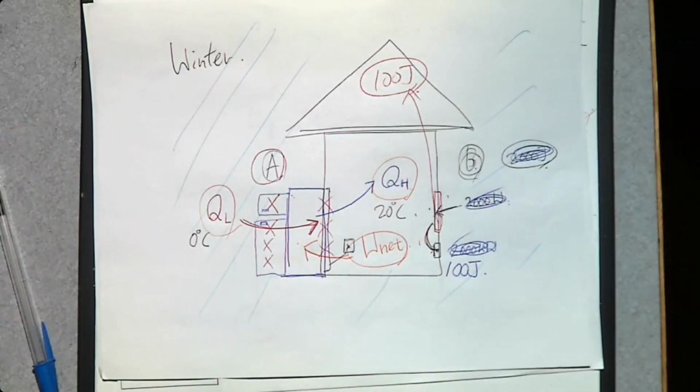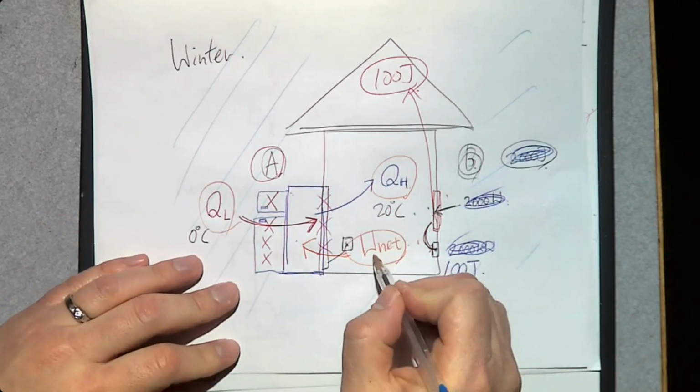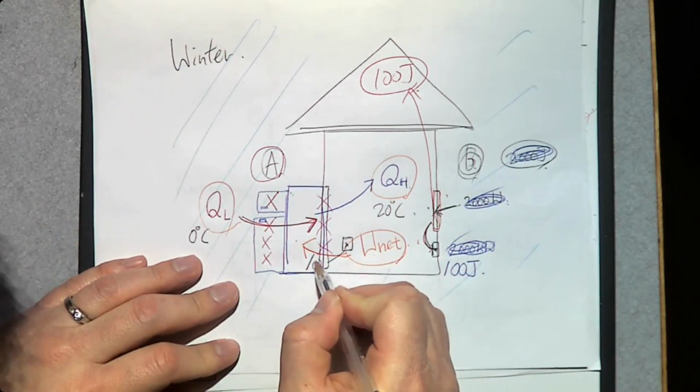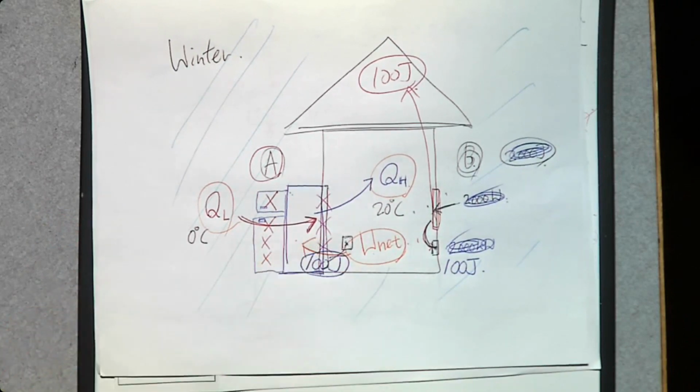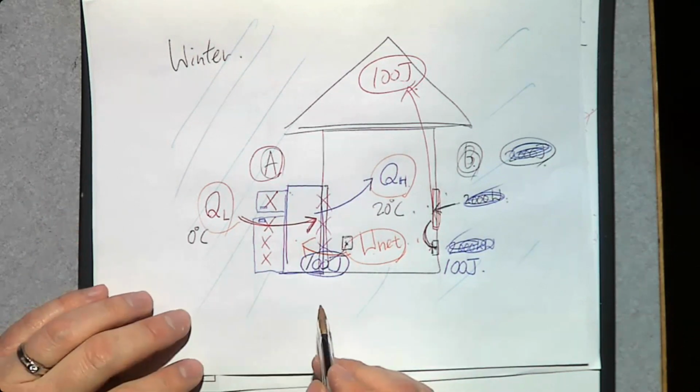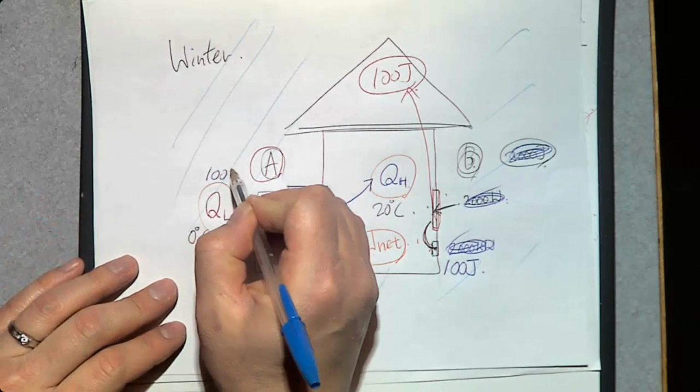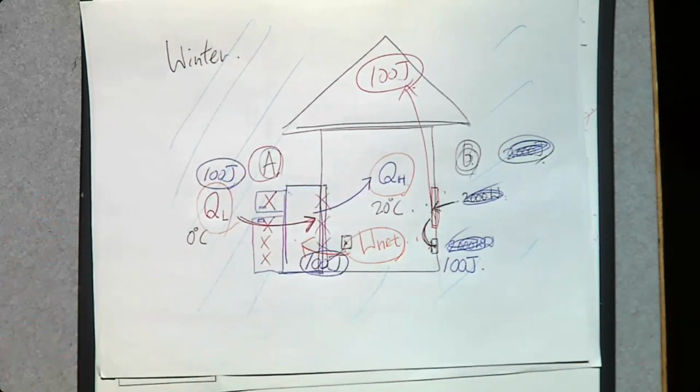So 100% efficiency. Let's talk about this refrigerator. Let's use the same electricity. I'm going to consume 100 joules of electricity to run this refrigerator. What this refrigerator does is absorb heat. How much heat? Let's say 100 joules of heat absorbed from outside.